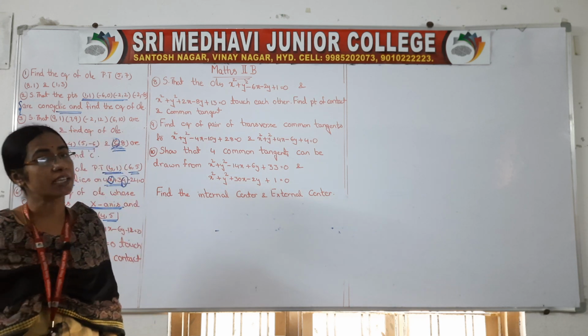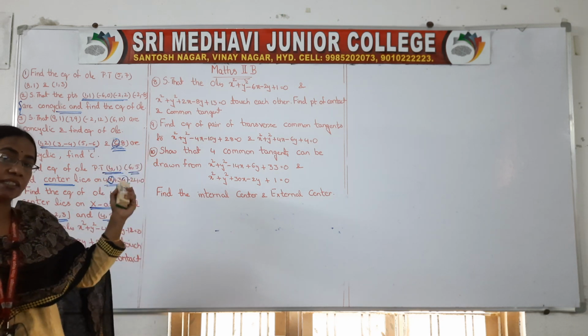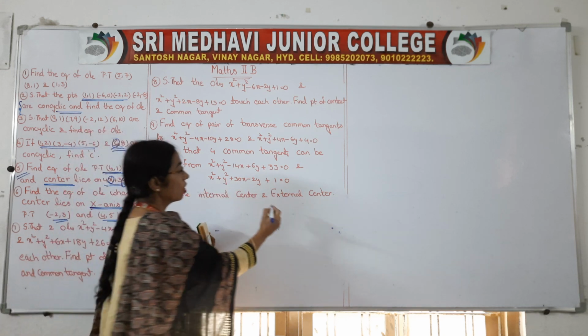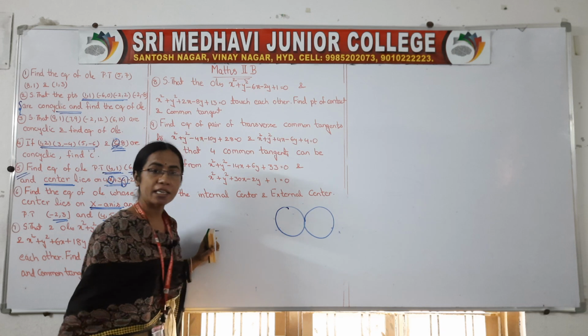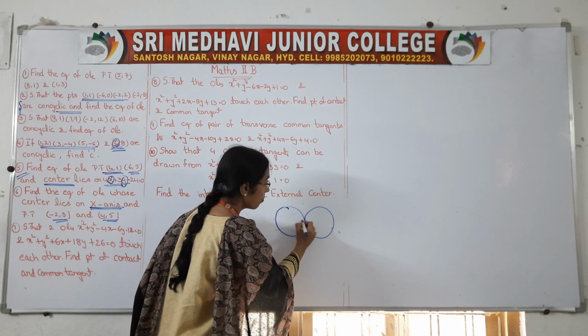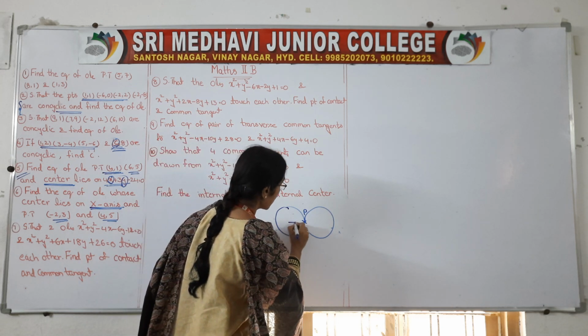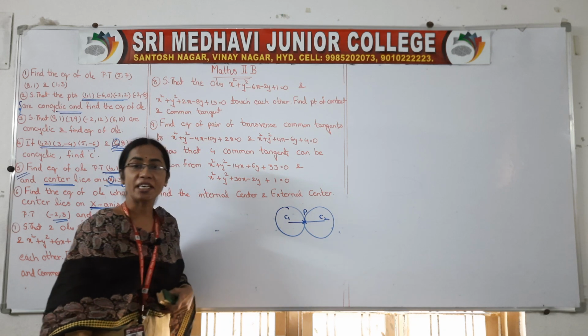So when we can say two circles touch each other, actually in these two cases our circles touch externally, right? So this is your point of contact. This point of contact divides C1, C2 internally.